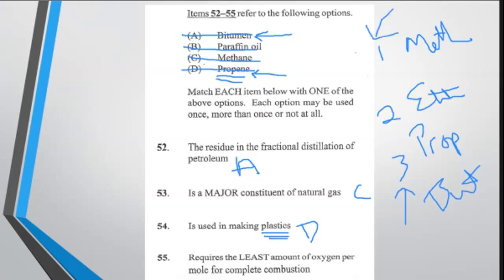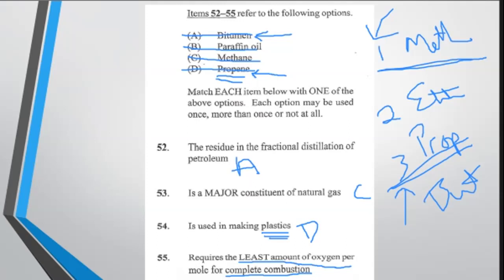So they say which requires the least amount of oxygen per mole for complete combustion. To combust means to burn. So therefore, if we want to burn something the fastest, methane, which only has one carbon, will burn faster than propane or propene, right? And the reason for that is because methane only has one carbon, while propene has three carbons, right?